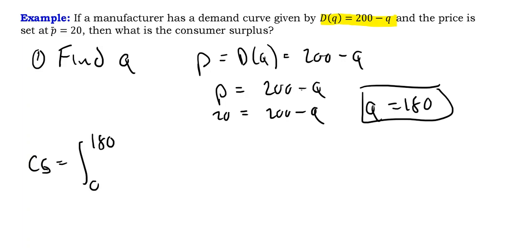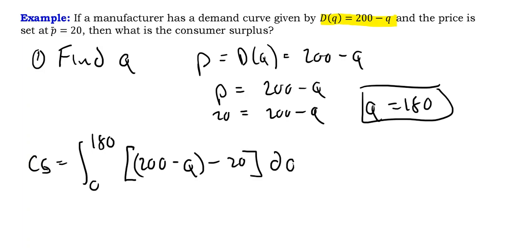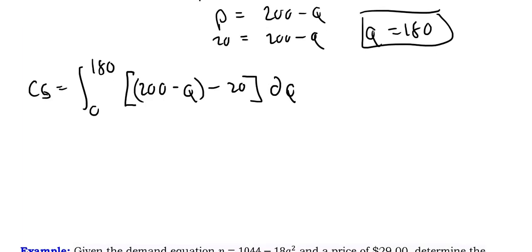Remember, the upper bound of integration in our formula is Q. And so we want the demand curve, 200 minus Q, minus the price, and the price was 20. And we are taking all of that and integrating it with respect to Q. Well, we can simplify that a little bit.